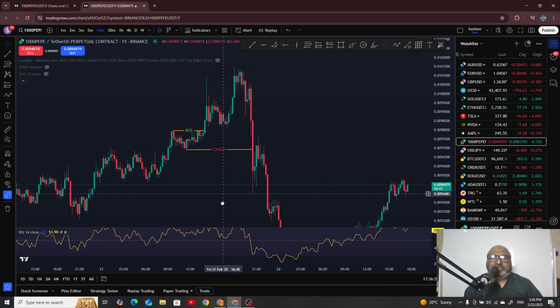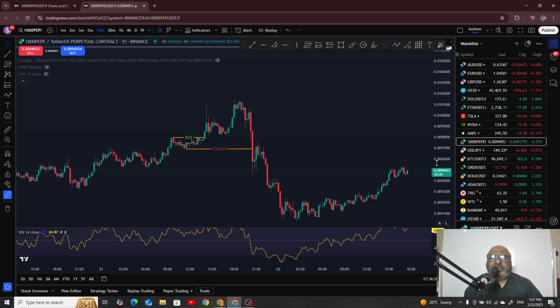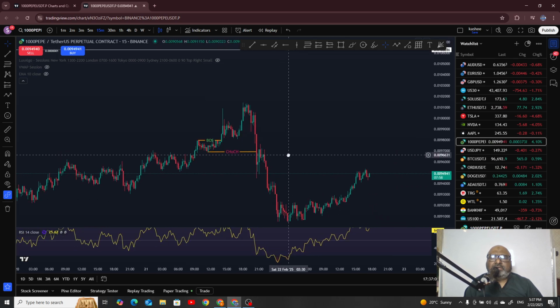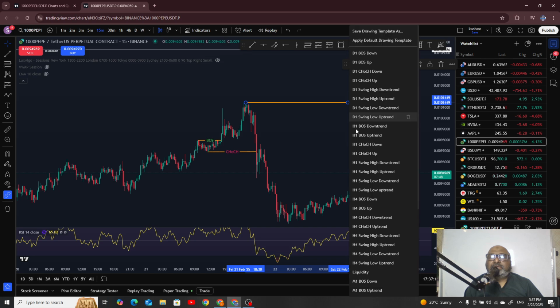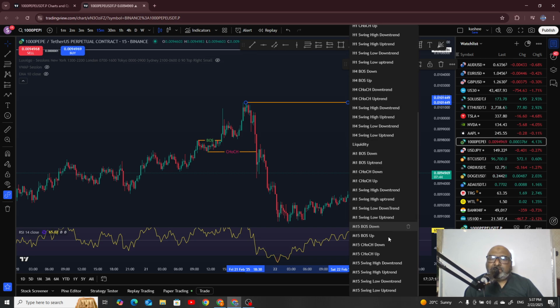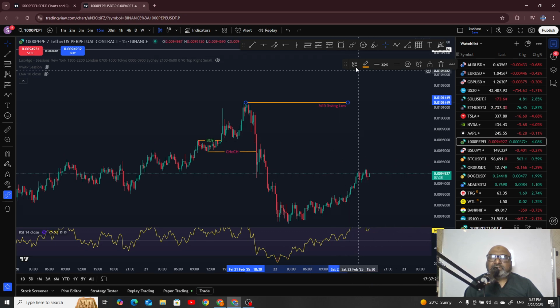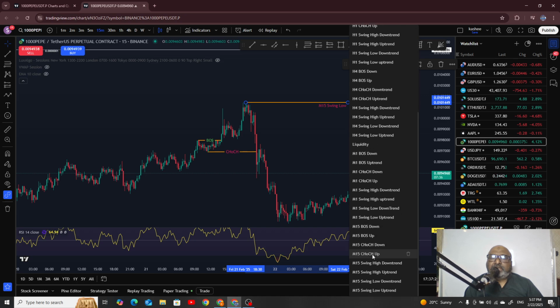Okay, so this is your high, this is your high, we call it M15 swing high for the downtrend. Sorry, swing high, M15 swing high for the downtrend.